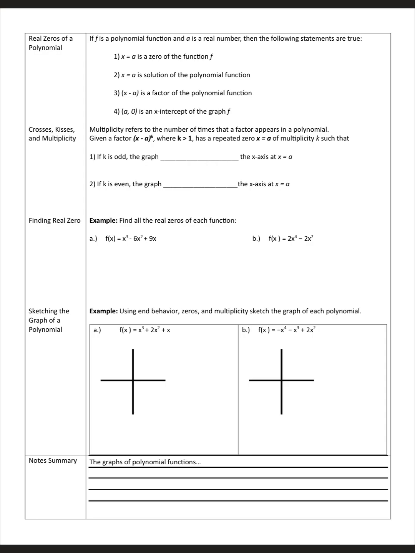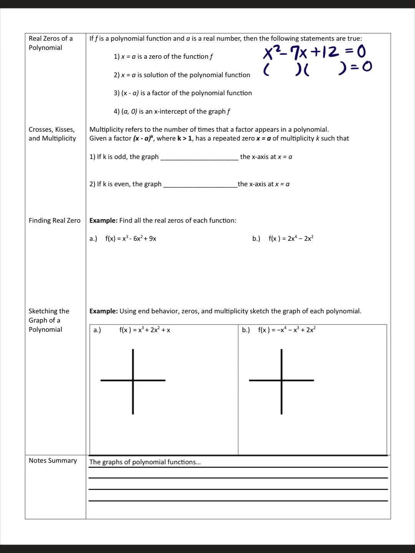Okay, so let's have an example. So let's say I had x squared minus 7x plus 12. All right, I'm going to set this equal to 0. I'm going to go ahead and factor this.